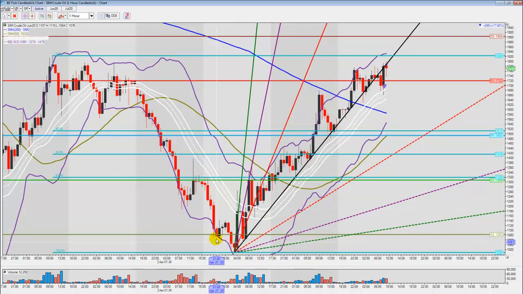You can see it broke the angle the other way. 1, 2, 3 days. 1, 2. This is the third day. 1, 2, 3. 1, 2, and third day here. Actually 4. 1, 2, 3, 4. Broke it on roughly the 4th, 5th day.